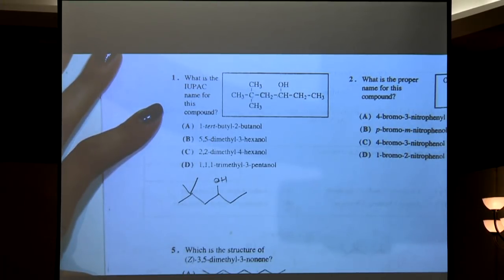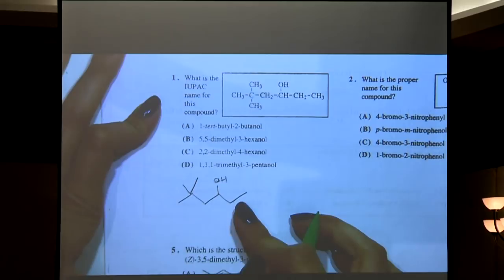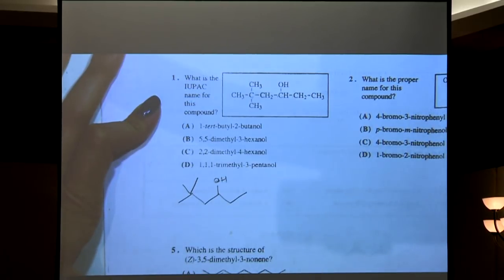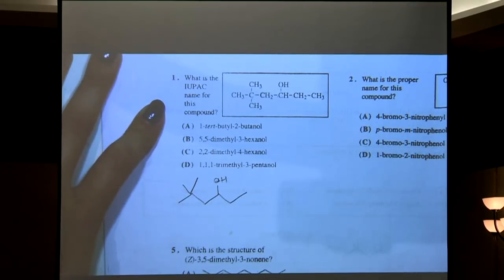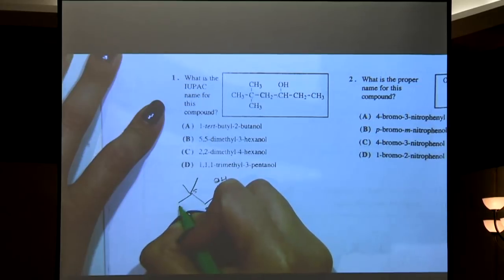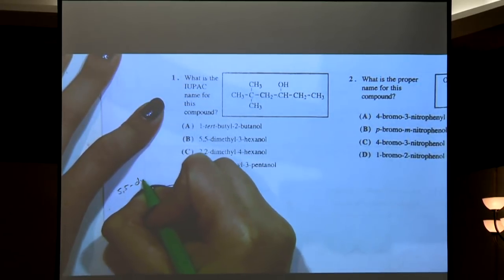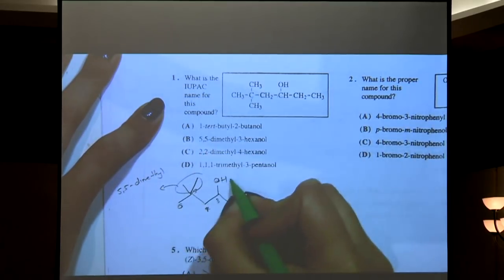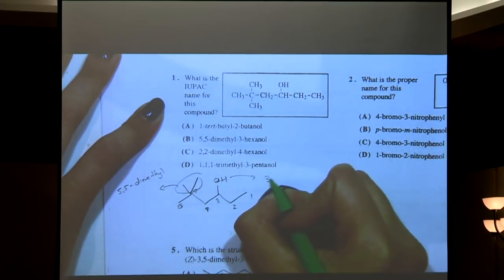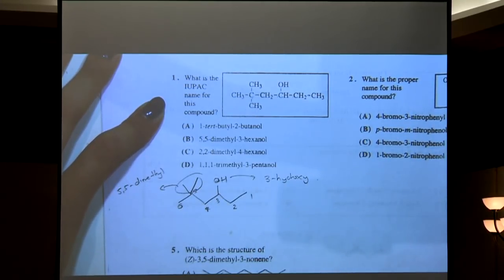Right to left. Why do we name it right to left, although the other direction gives us a lower number? Because we have a hydroxy group, so it has a higher priority than a regular methyl. Does that make sense to everybody? So 1, 2, 3, 4, 5, 6. We have 5,5-dimethyl and our hydroxy on number 3. Knowing that, what's the answer?